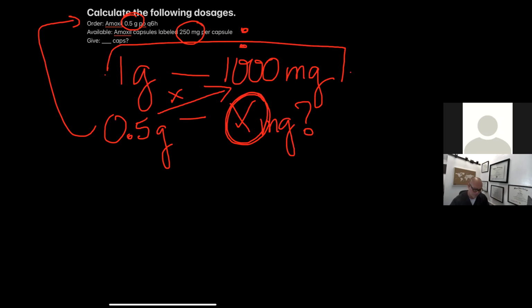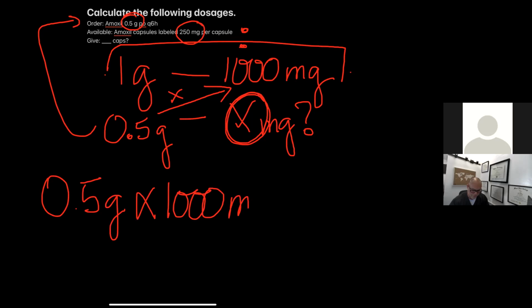In other words, 0.5 grams times 1,000 milligrams divided by 1 gram. And the answer to that should be, I'm just going to do it in the calculator. I don't want to make a mistake on camera. So 0.5 times 1,000 divided by 1.